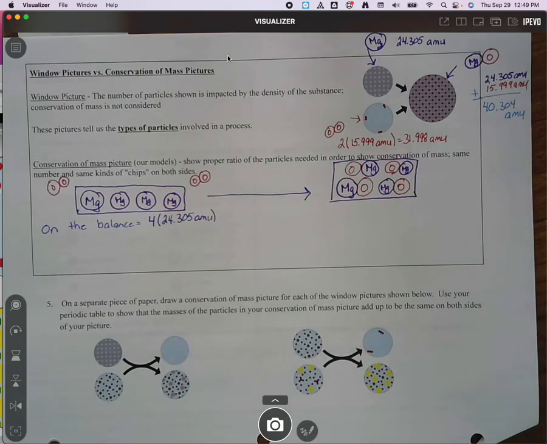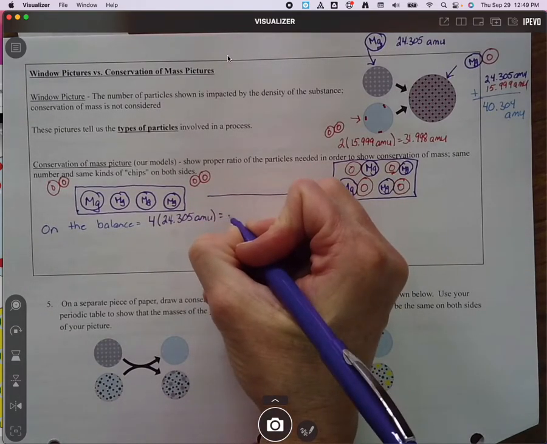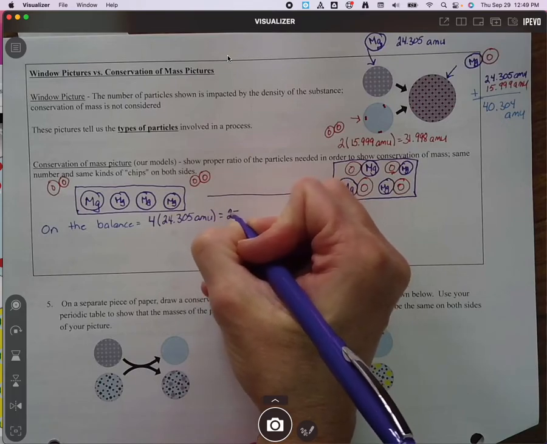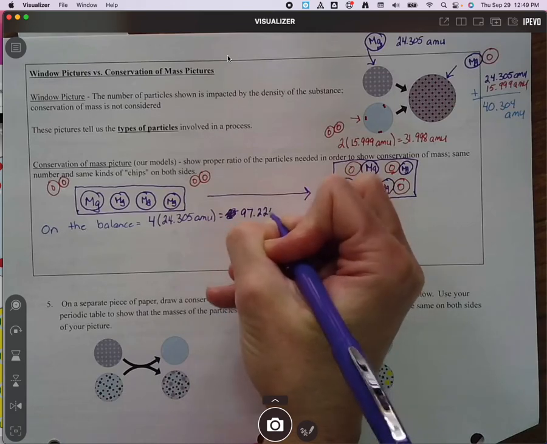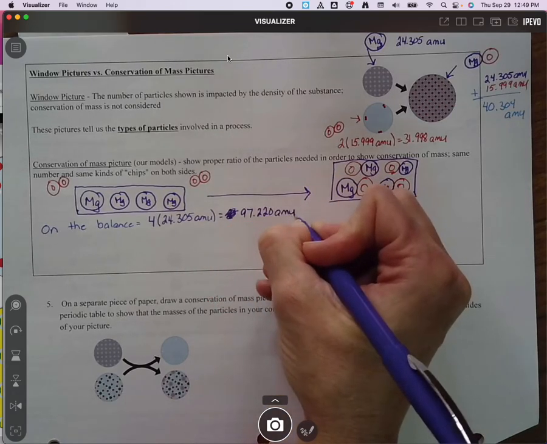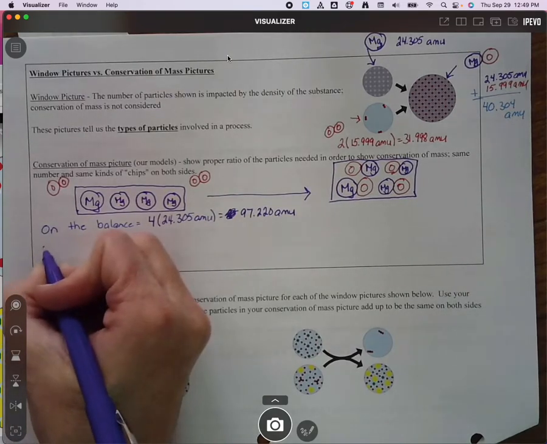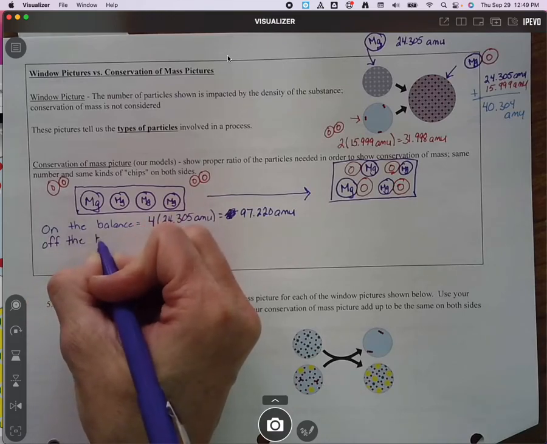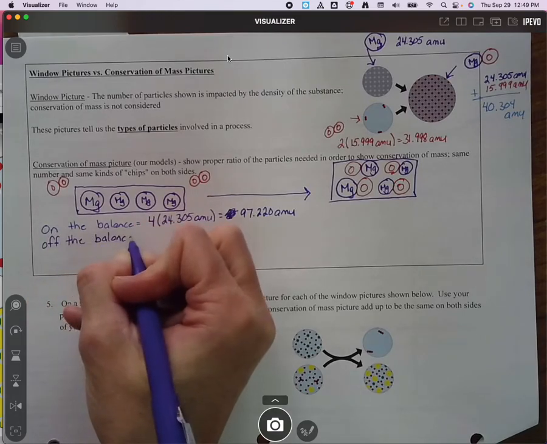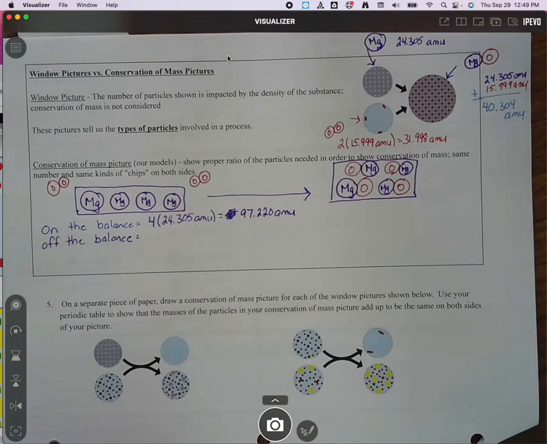Handy dandy calculator. 4 chips, each with a mass of 24.305 AMU. On the balance in the beginning, according to my picture, would be 97.220 AMU. Off the balance is the oxygen.